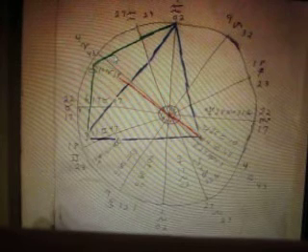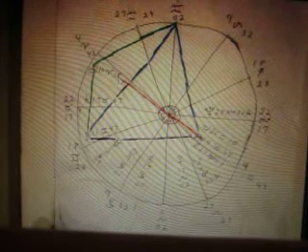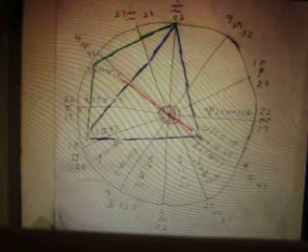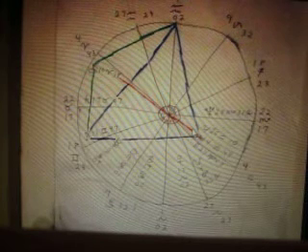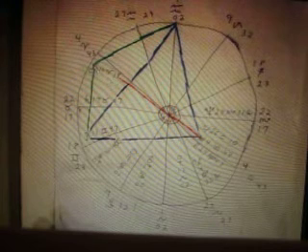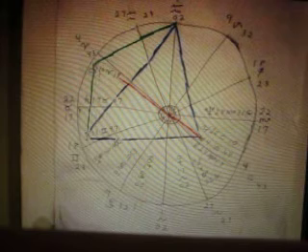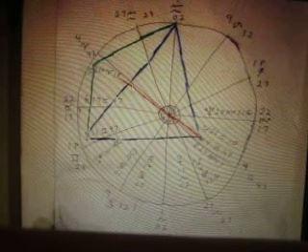Now, basically in a kite formation, you look at this opposition, and obviously you're going to have what I always say, the tension exasperation point in that opposition, and these sextiles can perhaps alleviate this tension that exists here.